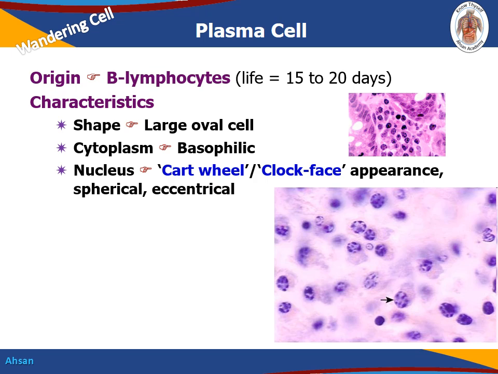This is the clock face appearance, meaning the heterochromatin, the dark chromatin, makes small clusters at the periphery and looks like a cartwheel or the face of a clock, and that's why it is known as clock face appearance. So these nuclear characteristics help the doctor to identify this cell. This cell is related to defense. They can produce antibodies and help to create a defense mechanism in the body.